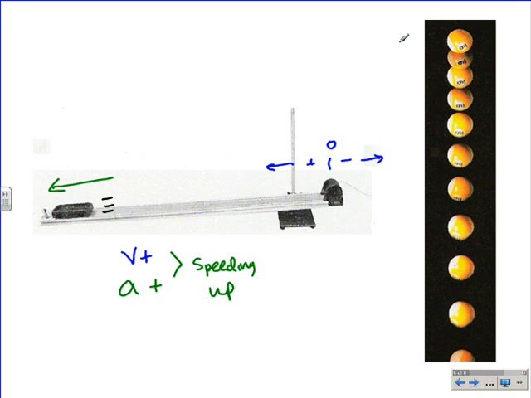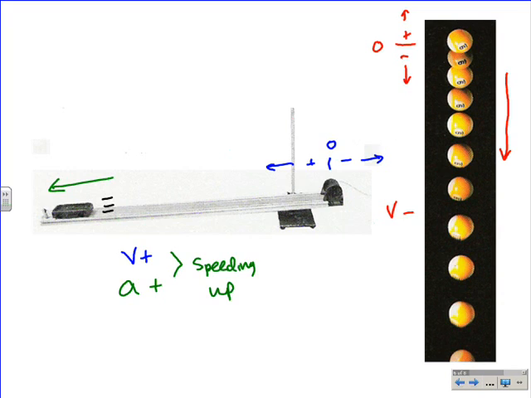Let's say we even change the frame of reference and we call the top of the motion the reference point. We'll still call up positive, we'll still call down negative. In this case, the ball is traveling in the downward direction, so the velocity has to be negative. The ball's traveling in the negative direction.